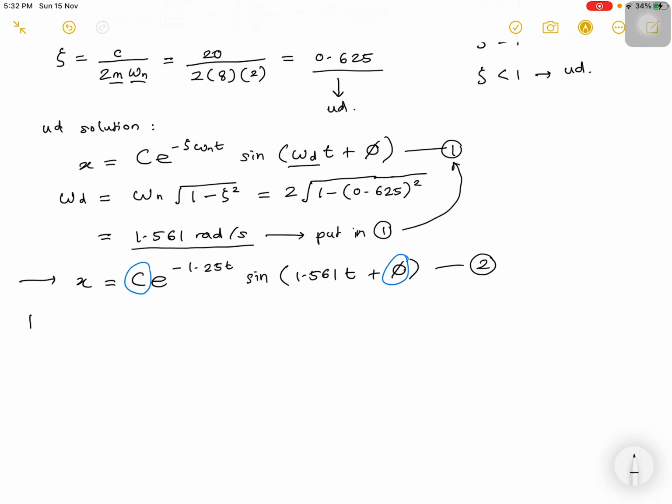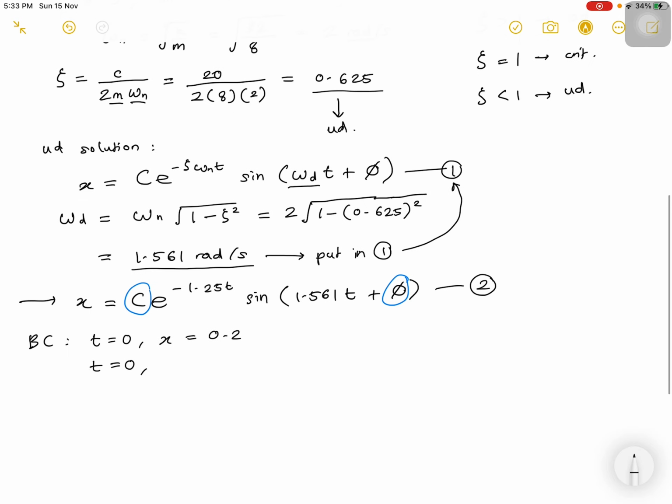So we need to know the boundary conditions. We know that at t equal to 0, x equal to 0.2, and also at t equal to 0, the velocity is equal to 0.